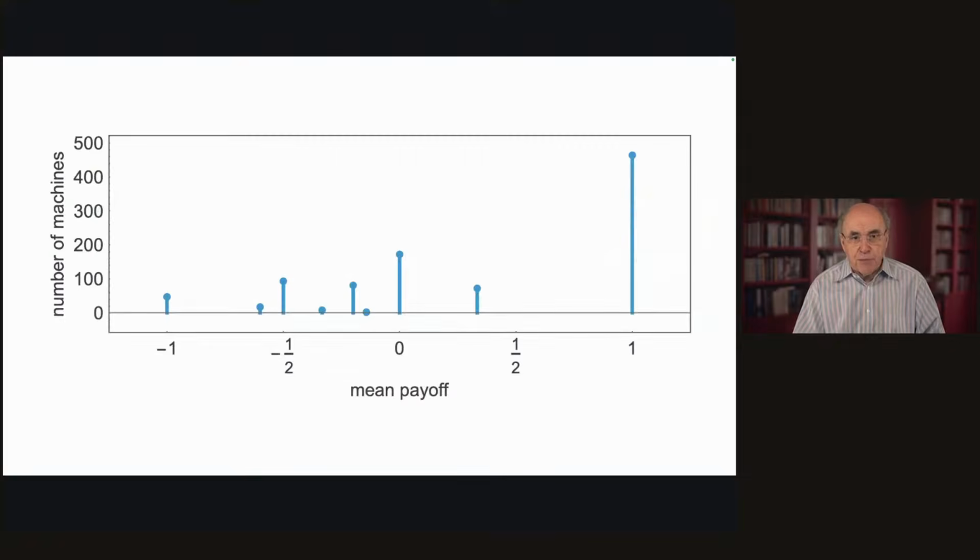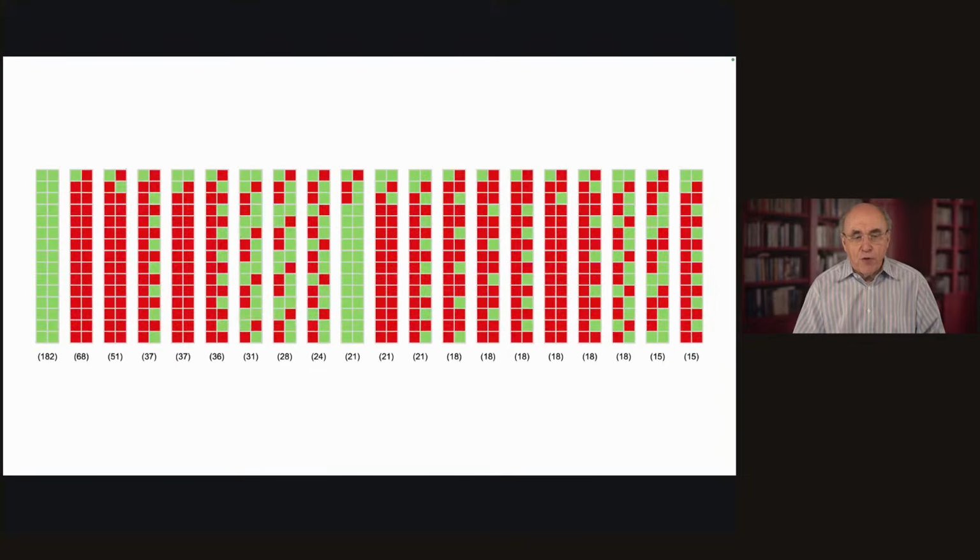And the distribution of average mean payoffs here looks like this. So average mean payoff 1 is the most common, and -1 is considerably less common, and so on. So the most common forms of behavior seen with this three-state winning machine are these here.